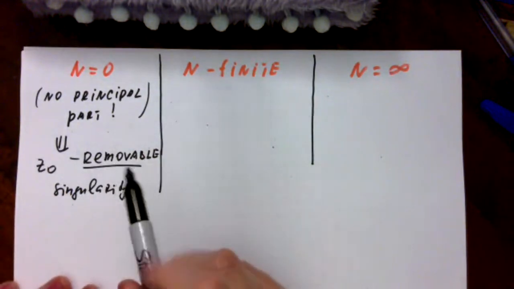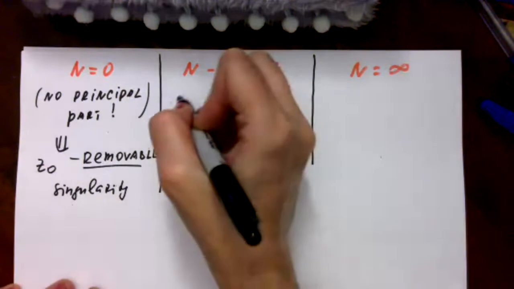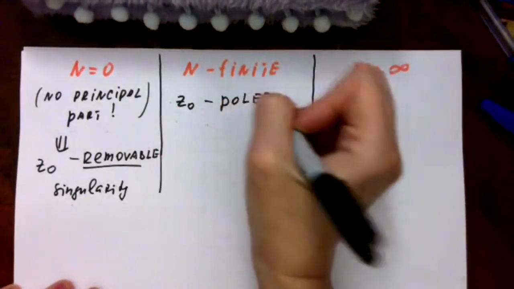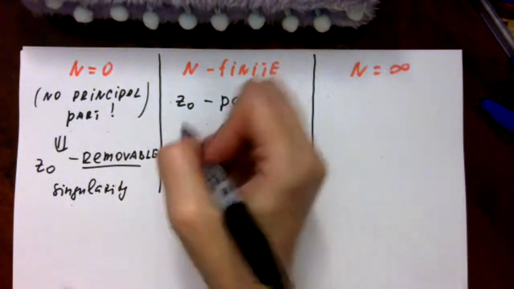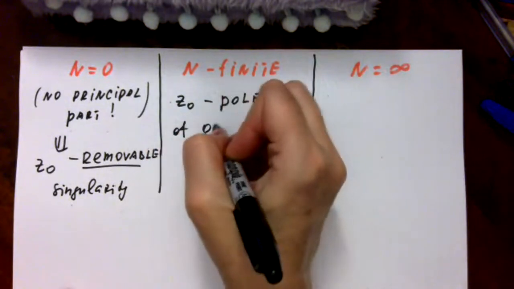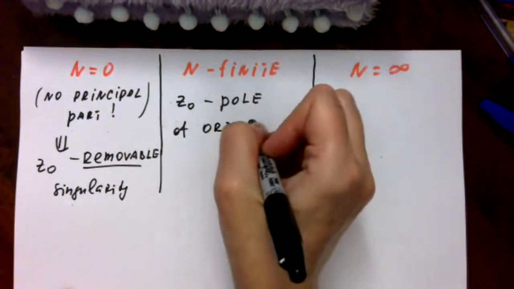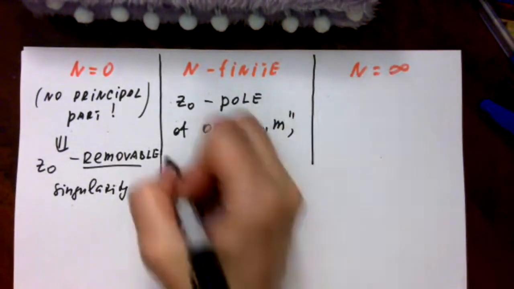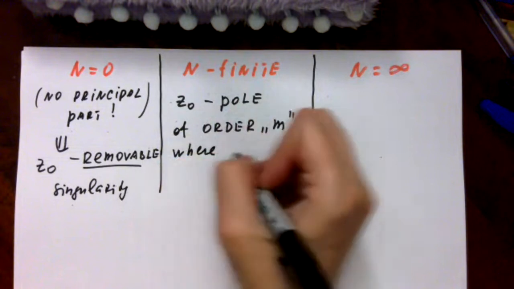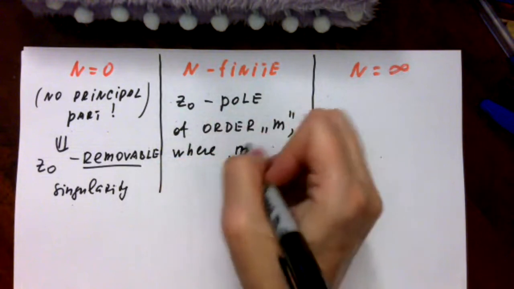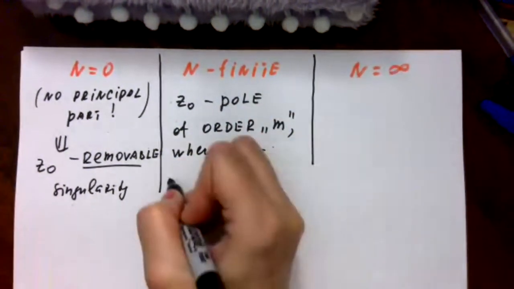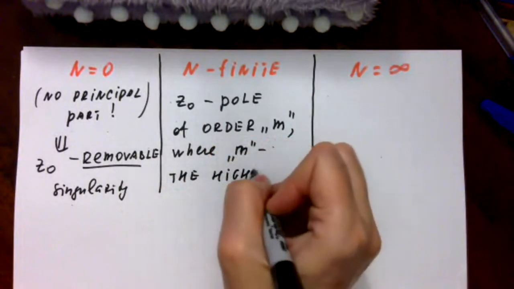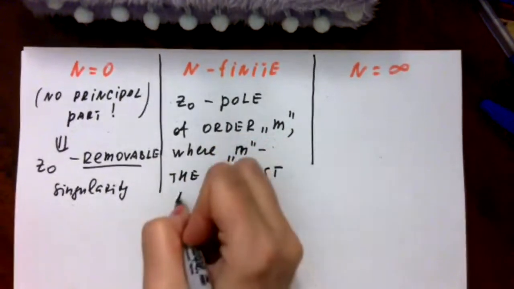So what about the second column? In this case, z0 is called a pole, like a north pole, like a south pole. Pole of order M, and I need to explain what this order is. Let's just write it down, where this M is the highest negative power.